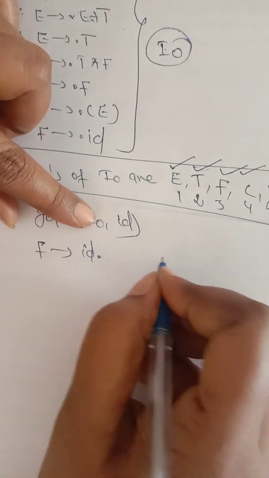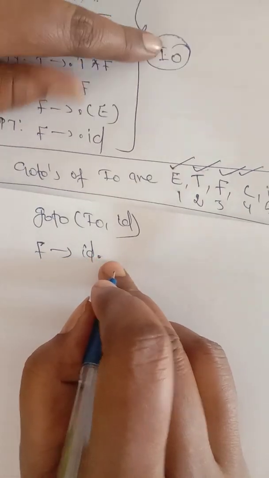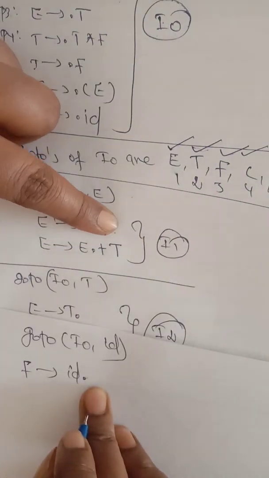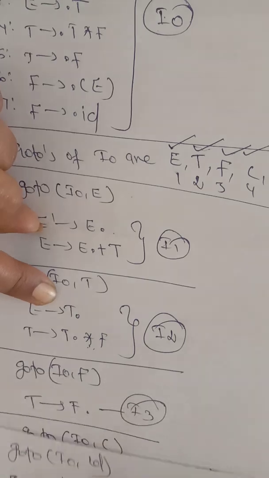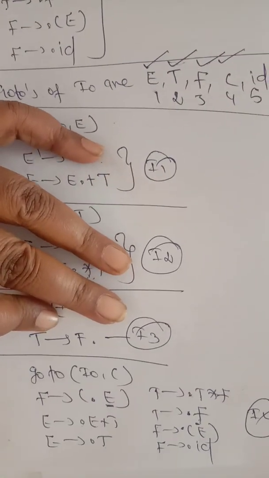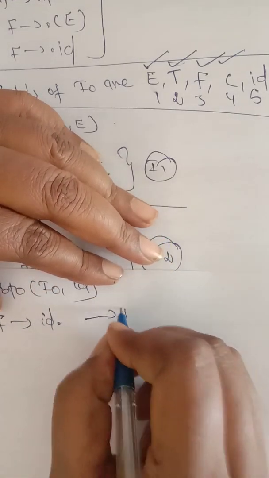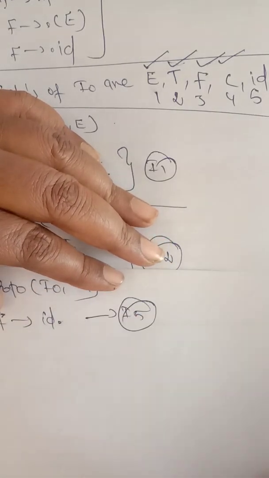After that we are not having any value, and it is not matched. Id dot is not matched with I naught, I1, I2, I3, then I4. So give a new name to the set, that is I5.